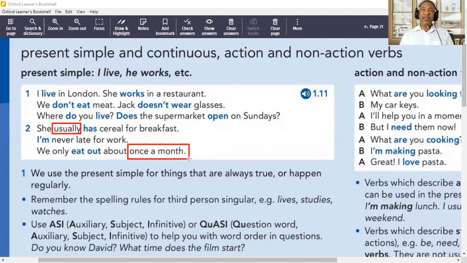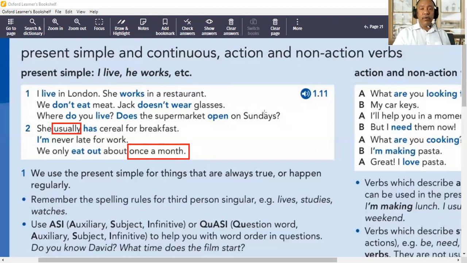Is it possible to use somewhere else? Well, sometimes at the beginning, some of them with every are acceptable, but it's safer to speak good English to put all of them at the end, the expressions of frequency. Is that clear? Yes? Great.